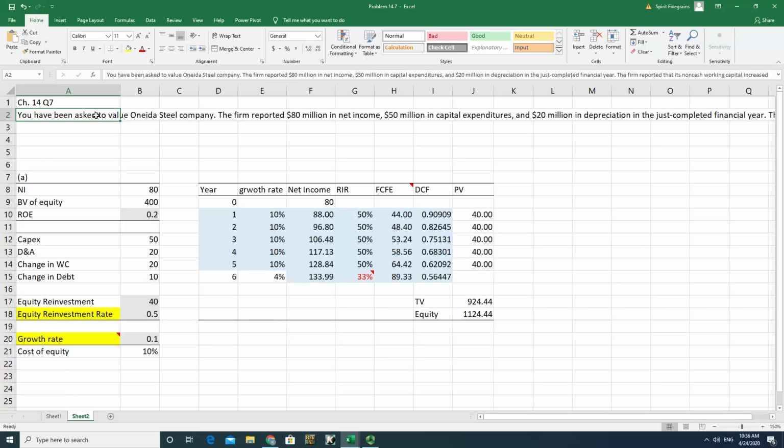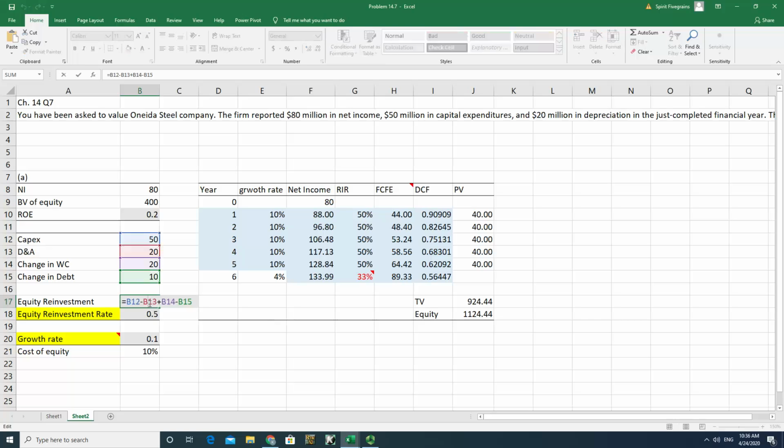So those are information that you can get from the question. So the total amount of equity reinvestment equals capex minus depreciation, amortization, plus change in working capital and minus change in debt. So that's the equity reinvestment. That is $40 million divided by net income $80 million. You get the equity reinvestment rate.